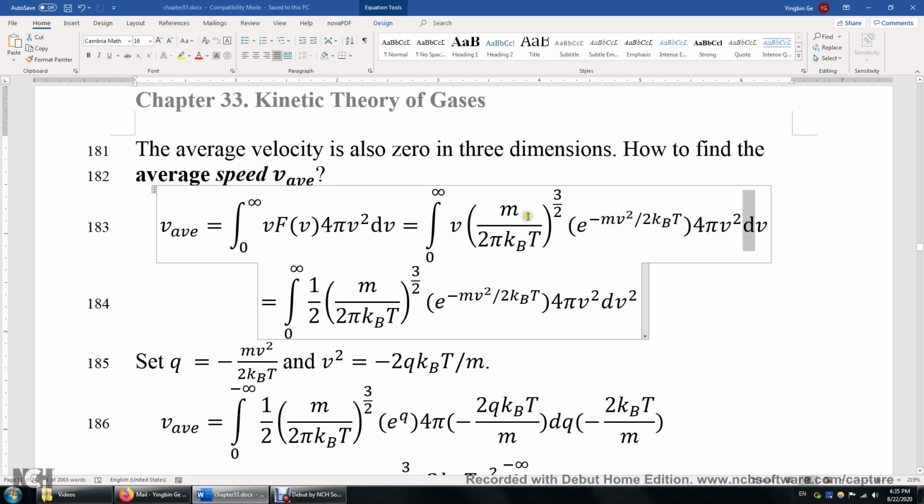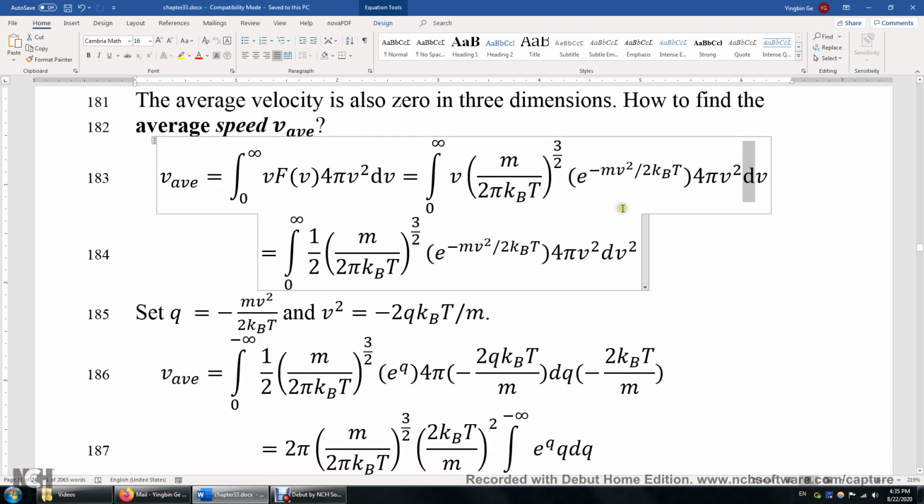So first, we move things around to simplify this expression, because v times dv is half dv². So that's why you see a dv² here. All right, this is dv². And you see the half over there. All right, so this is the first move we did.